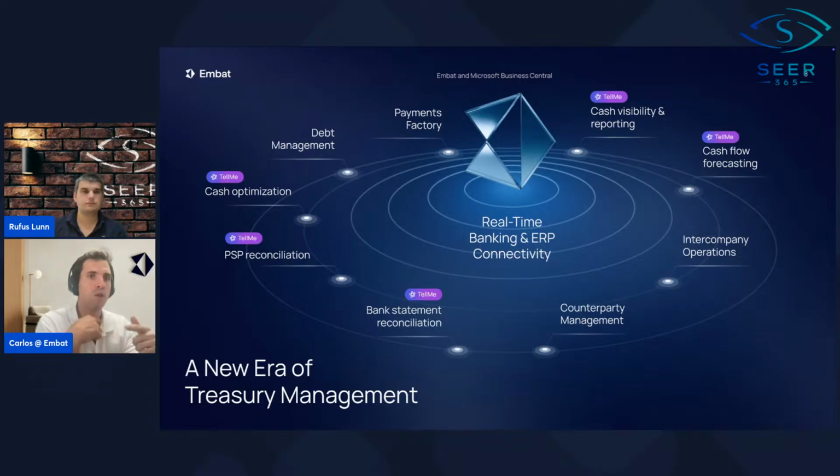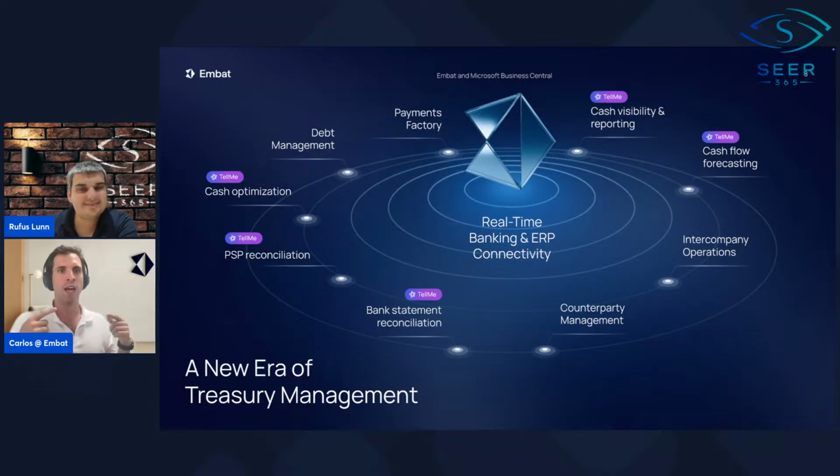Again, the benefit of working with a system that builds an AI infrastructure at the bottom is that we continuously learn from our customers' behavior, and we are able to allow them to improve their treasury forecast and their treasury automation accuracy very much during the course of the platform.